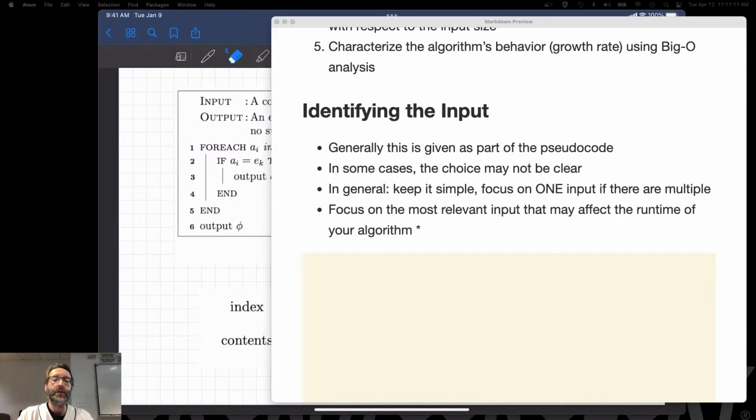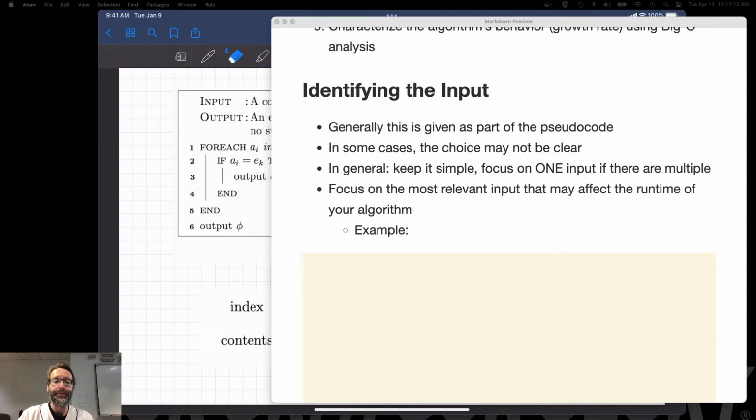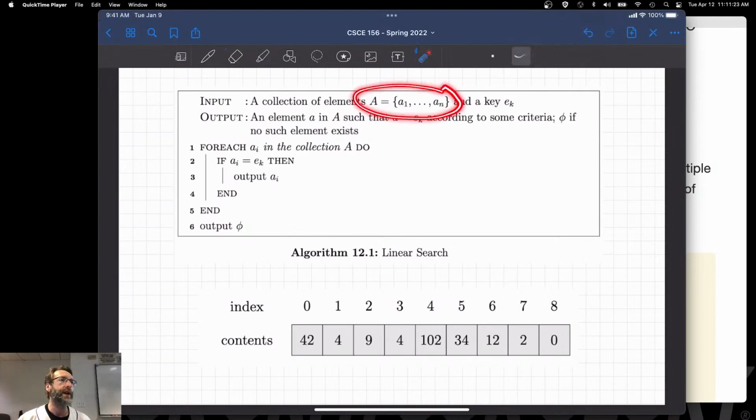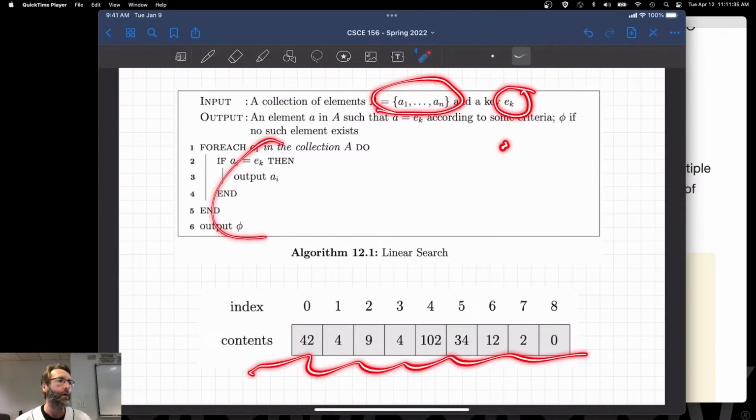So let's get into it with an example, linear search. Let's go back to my pseudocode, and I've got two candidates: the collection, which has n elements in it, and a key, which is only one thing. Which one of these should I focus on? Which one is more relevant to the algorithm that iterates over this stuff?